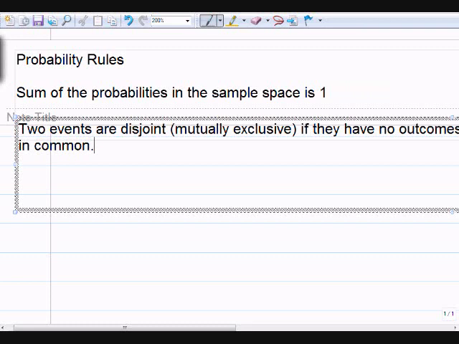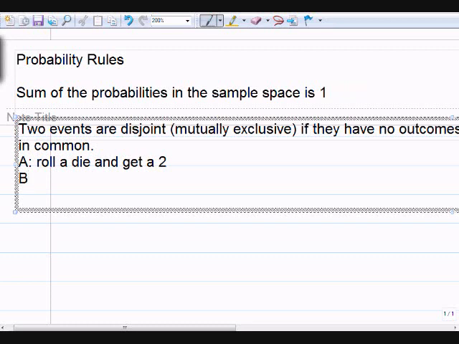Okay, so let's think about, I'm going to roll 1 die. So I'm going to call event A, roll a die, and the top pip is a 2.